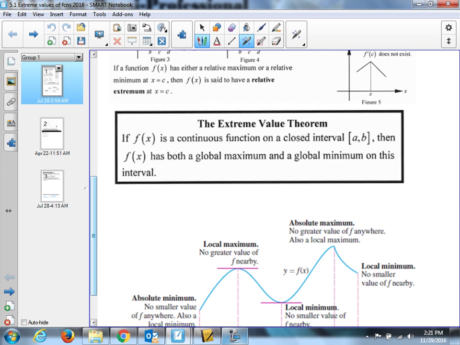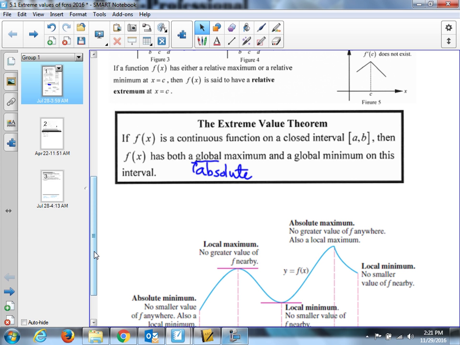That's what we mean by global, or absolute max is another term. Same thing. You can use the word global, you can use the word absolute. Maximum, absolute, minimum, okay?